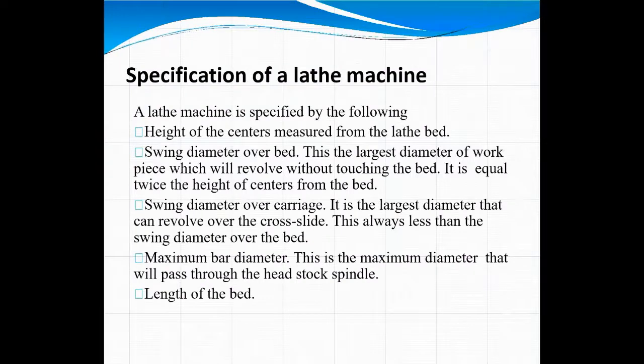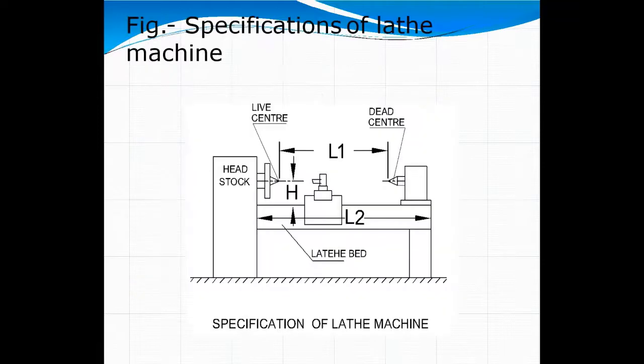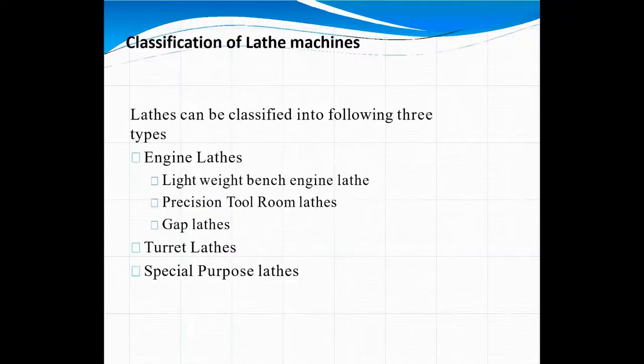Basic principle of lathe machine is attach headstock, tailstock, and then specification of normally lathe machine is prepared by the height, swing over dia, etc. Height, length between the two stocks, length of the bed. So these are all the specification.